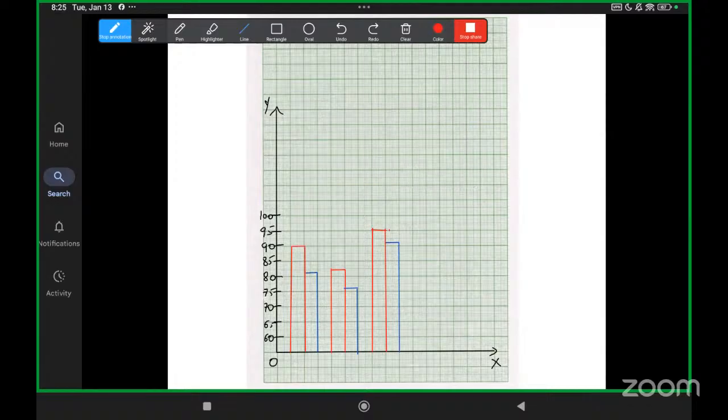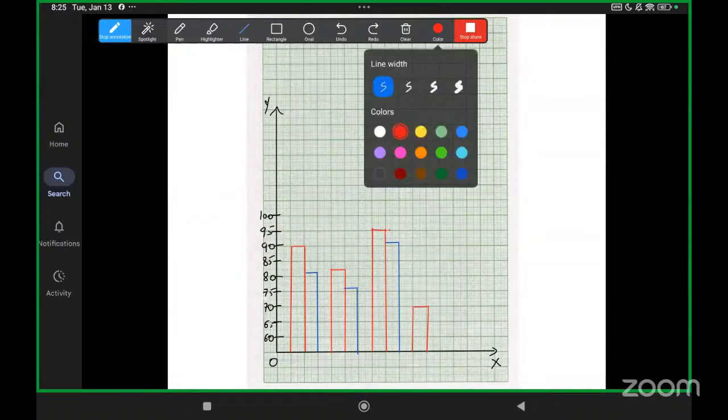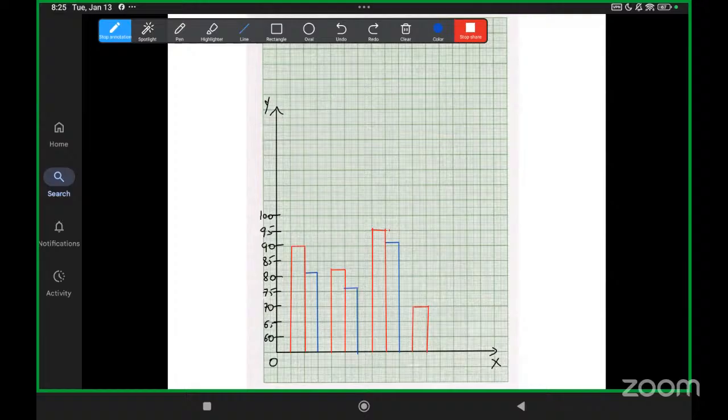Let's make 70. Make 65. And the last one is 63 and 62 for 10th class. 63. 62.